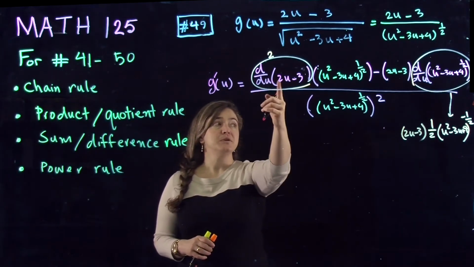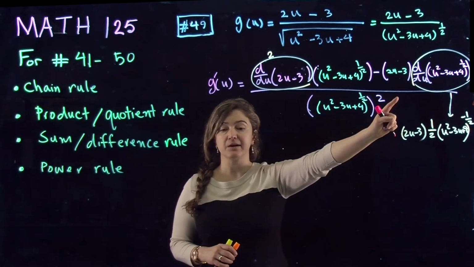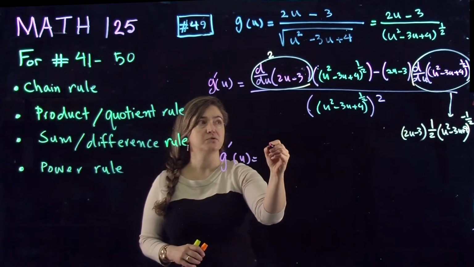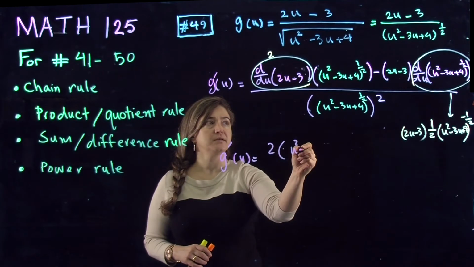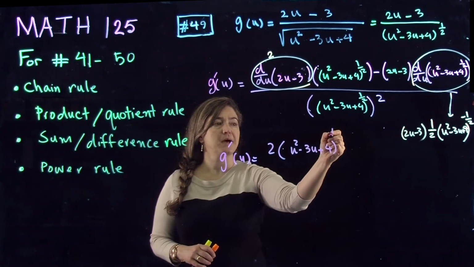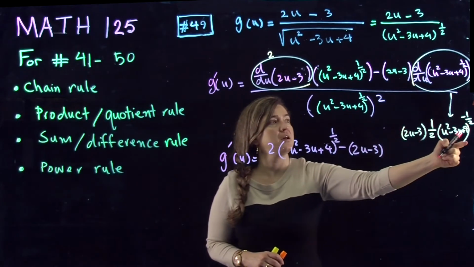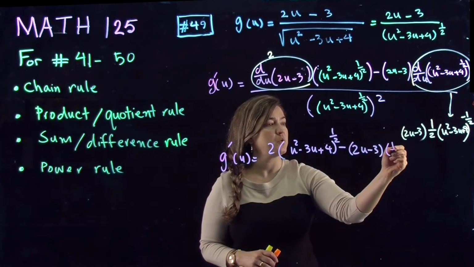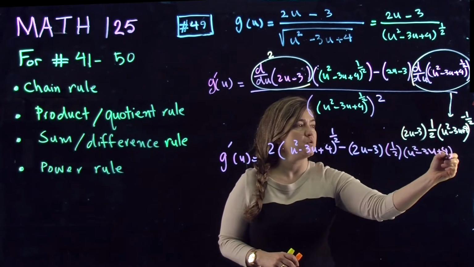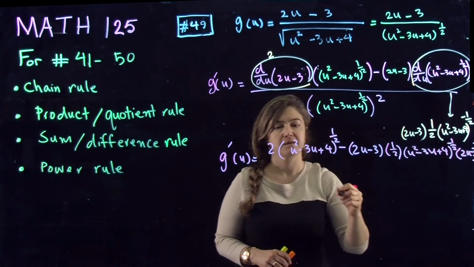The last step is to rewrite the entire expression, replacing every derivative with its actual value. So we will have g prime of u equal to 2 times u squared minus 3u plus 4 to power 1/2 minus 2u minus 3 times this entire derivative, which is 1/2 times u squared minus 3u plus 4 to power negative 1/2 times 2u minus 3.